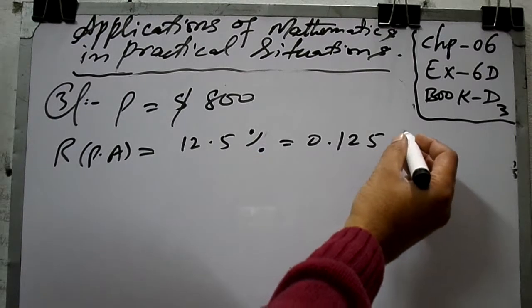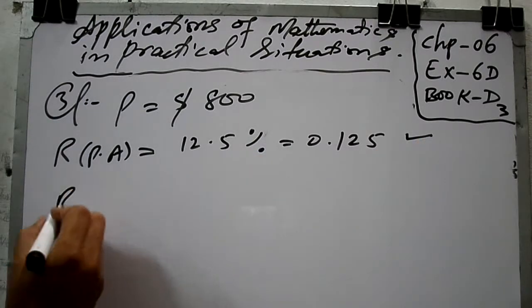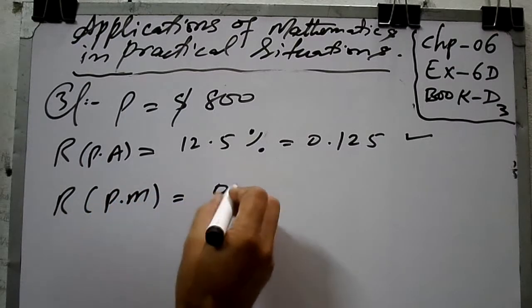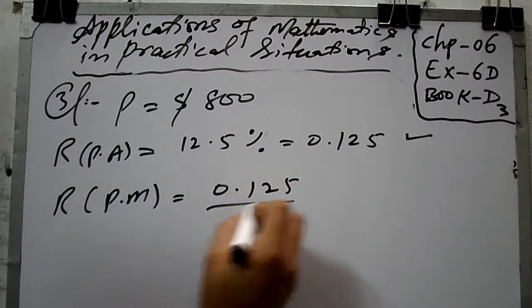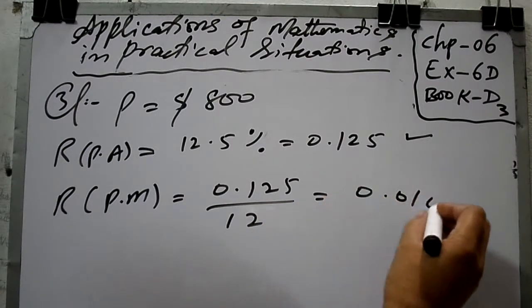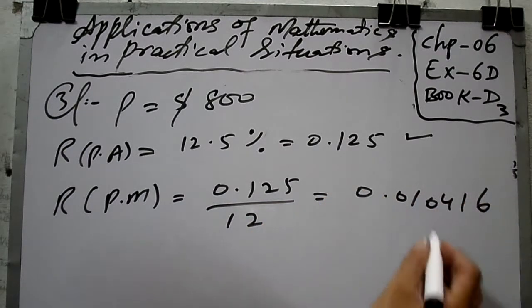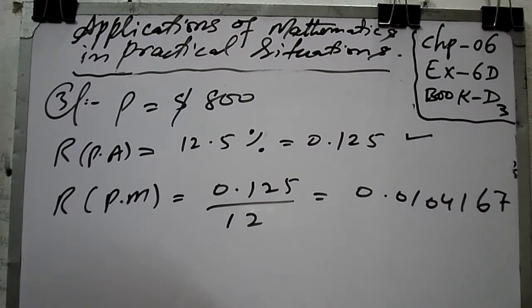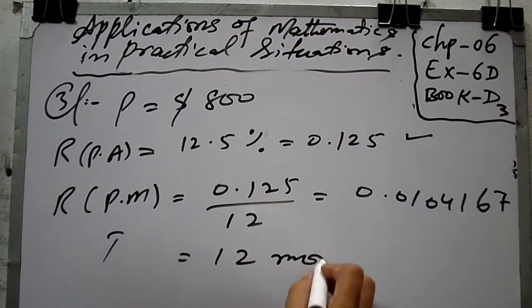So the rate of interest per month is 0.125 divided by 12, which is 0.0104167 by using a calculator. The time period is 12 months.